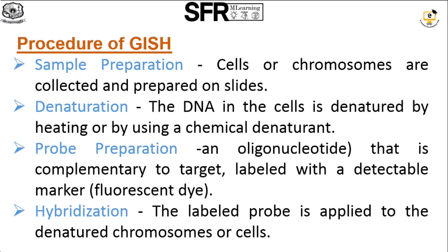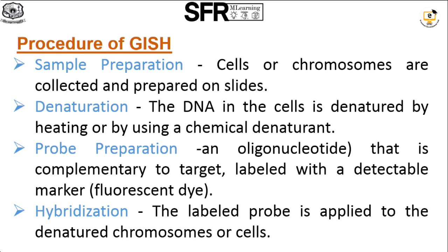The probe contains an oligonucleotide, a short sequence of base pairs, that is complementary to the target. This DNA probe should be labeled with a detectable marker, that is, fluorescent or other radioactive elements.